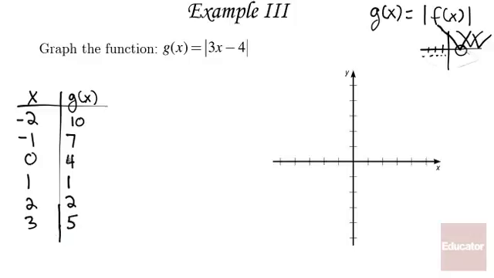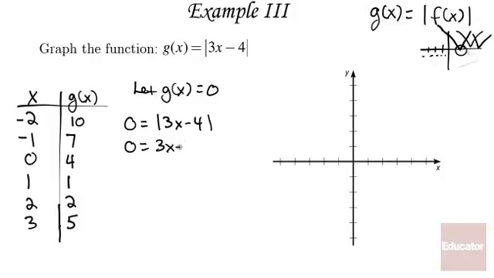Now, the other thing I want to find out is where the point of the V is going to be. So to find the point of the V, let g of x equal 0. If I let g of x equal 0, then the absolute value of 3x minus 4 is 0.